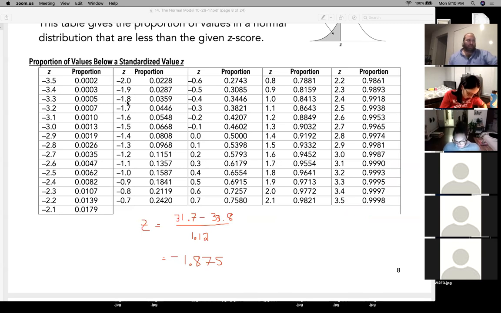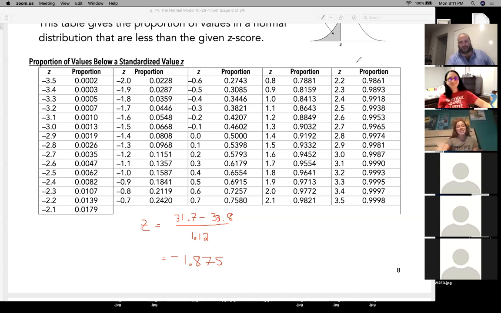And according to this, what is the percentile for that z-score? Does it jive? Yes, it does. The percentile is right around 3%. So it jives.